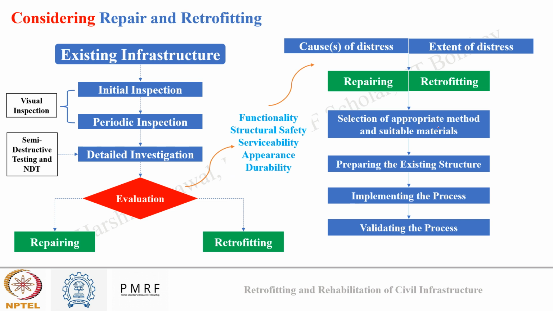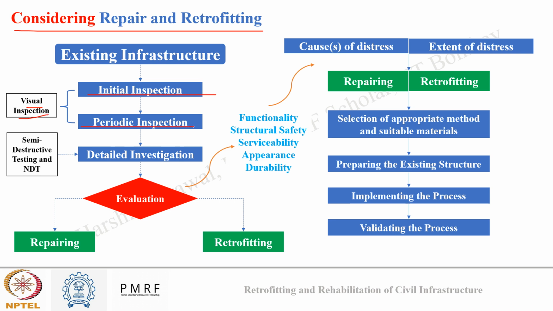Okay, so for an existing structure for which we need to conduct an inspection, how do we consider whether we need to choose repair or retrofitting? First we go for initial inspection, in which we just examine the structure visually and collect all the initial information regarding the structure.